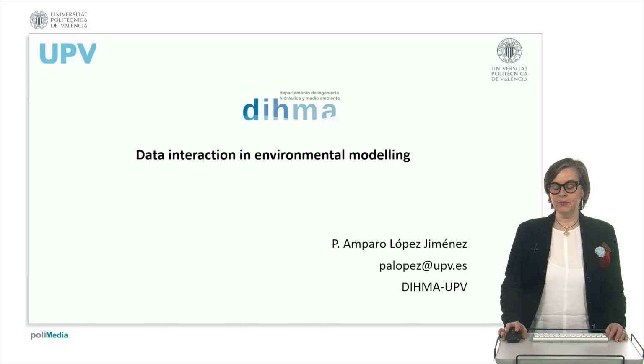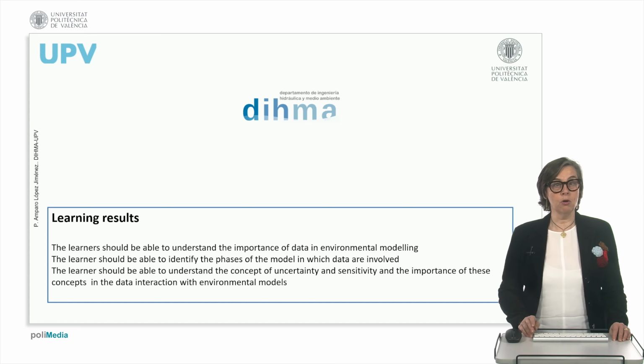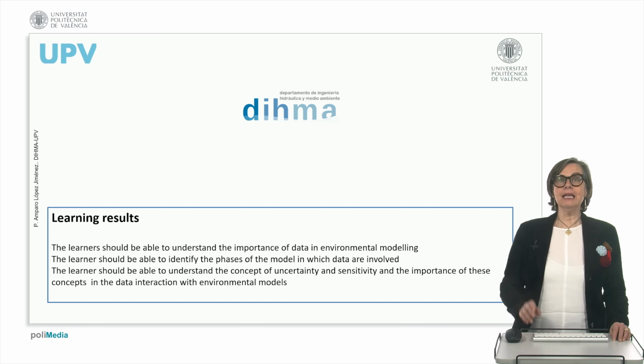In the learning object of today, we will be speaking about data interaction in environmental modeling. When we finish, we will be able to understand the importance of data in environmental modeling and in which phase of this model data are involved.